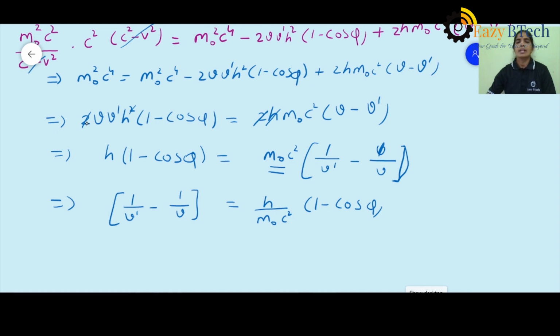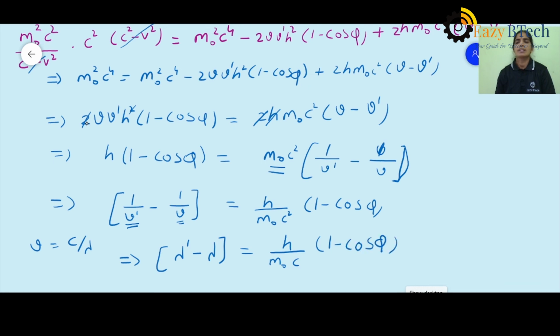Now I can take c onto the other side, or I can simply have it in terms of wavelength, directly writing mu is equal to c by lambda. So mu prime will be c by lambda prime and mu is simply c by lambda. Then the equation becomes lambda prime minus lambda equal to h by m naught c into 1 minus cos phi.